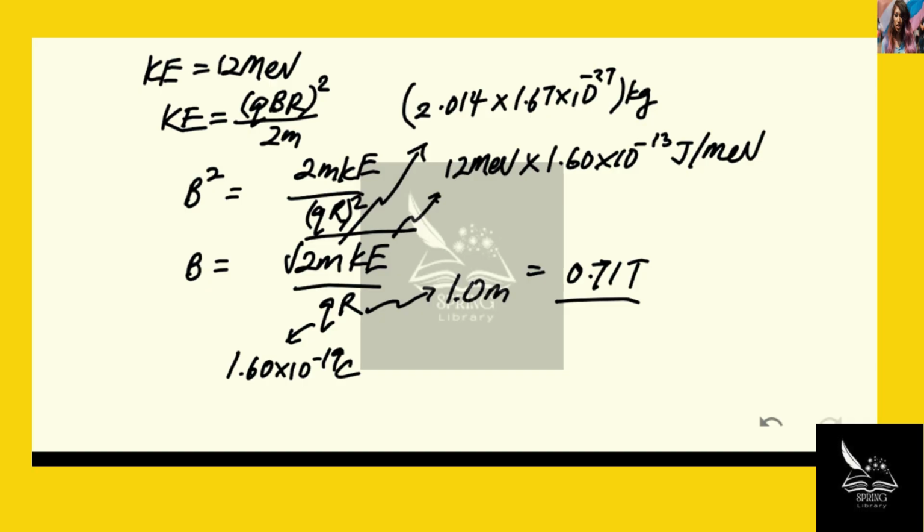Now next, to find the frequency, we use the equation f equals QB over 2 pi m, right? Since we already found our magnetic field, we just substitute in the various values. So the charge is the same, right? Same elementary charge, 1 elementary charge.